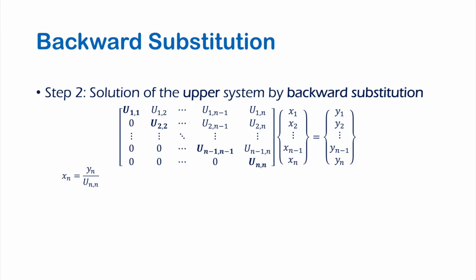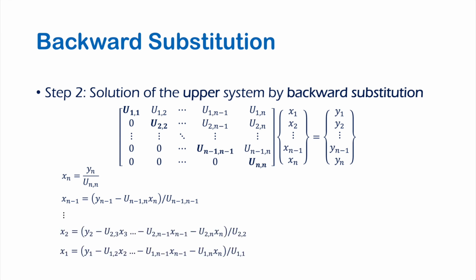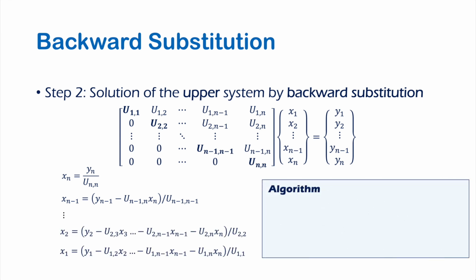The x in the upper row, x sub n minus 1, is calculated by using xn. The substitutions continue up to the first row. Therefore, the algorithm can be written as the loop of i goes from the last element to the first. In the code, a negative step value should be defined for this i loop. However, the summation loop of j can proceed normally from i plus 1 to n.